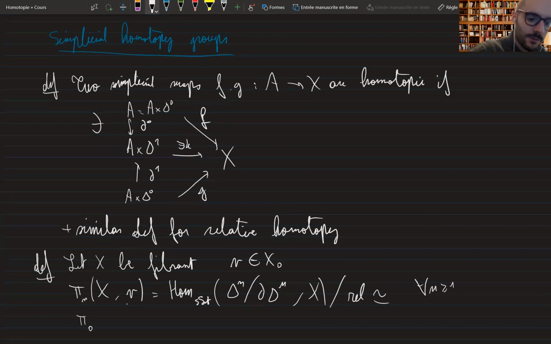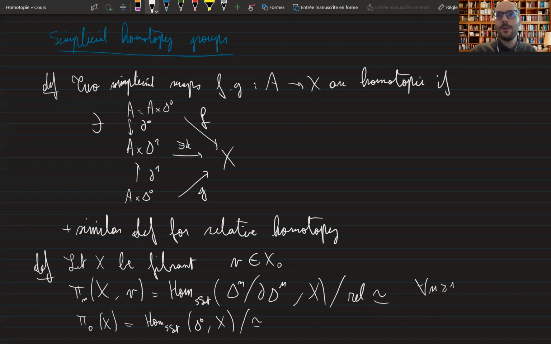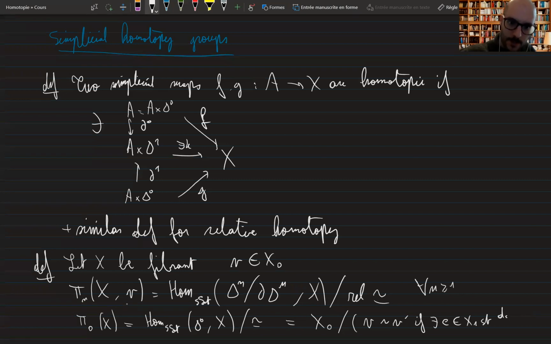And also pi 0 of X will be the maps from delta 0 up to homotopy. So essentially, you take vertices of X modulo the relation that there exists an edge between the two. This is X0 modulo the relation, and maybe I should be more careful.